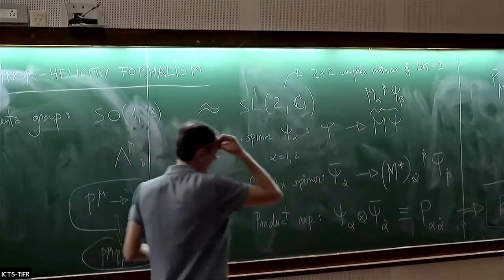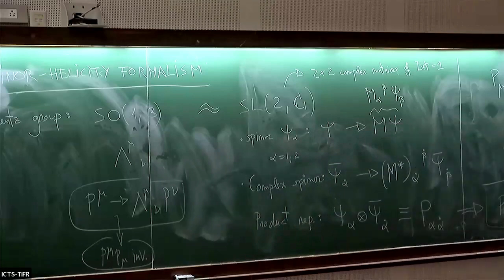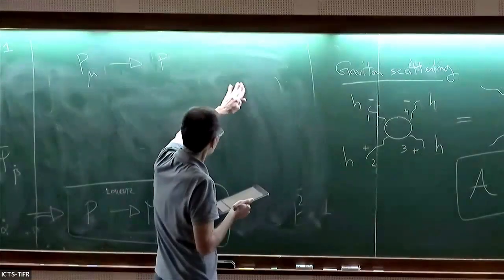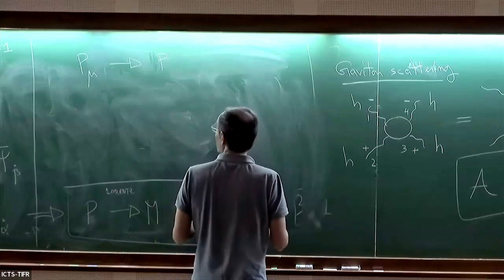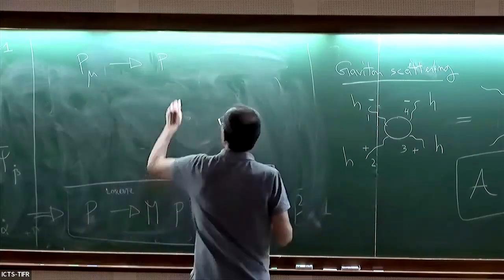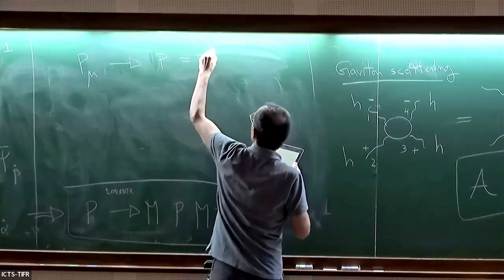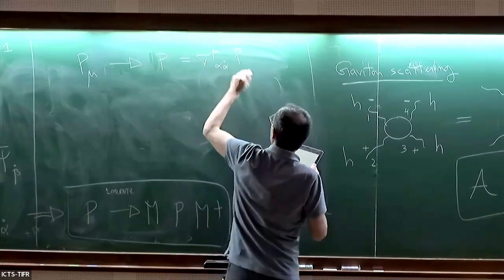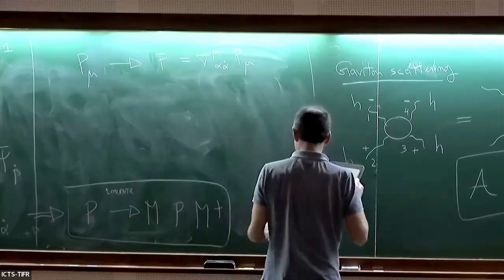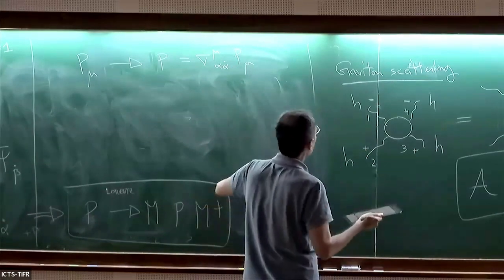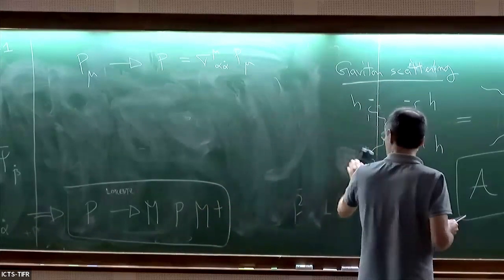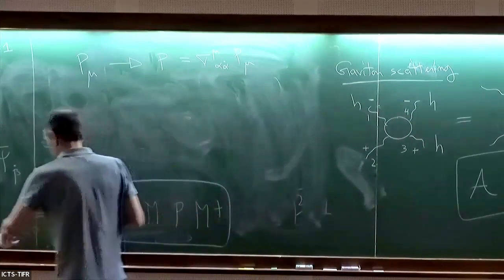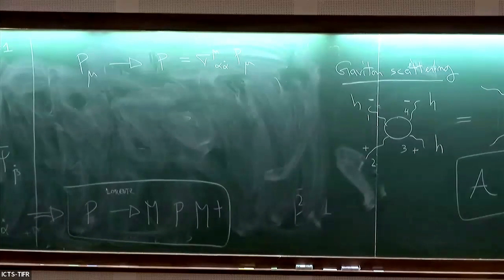The four-momentum interval is unchanged under the transformation. Now I want to replace P mu with this guy, and this can be written as sigma mu P mu, exactly as you do in quantum mechanics.